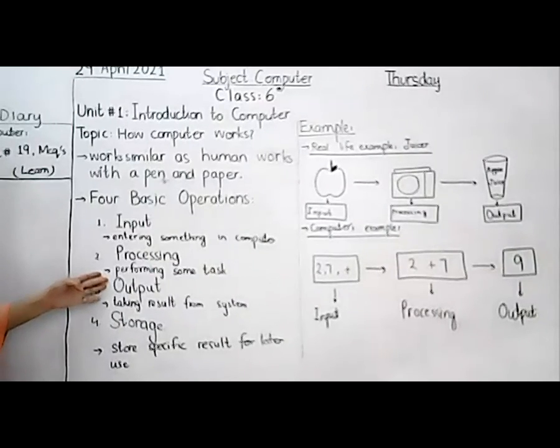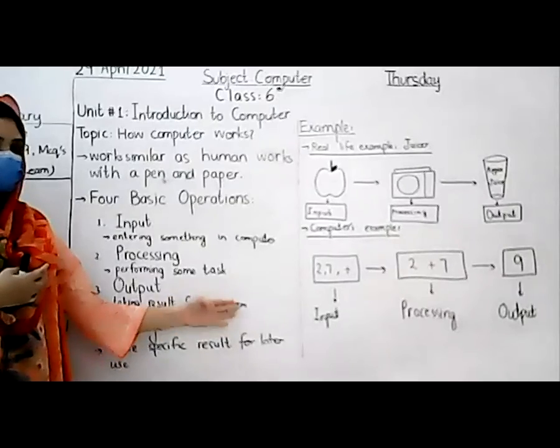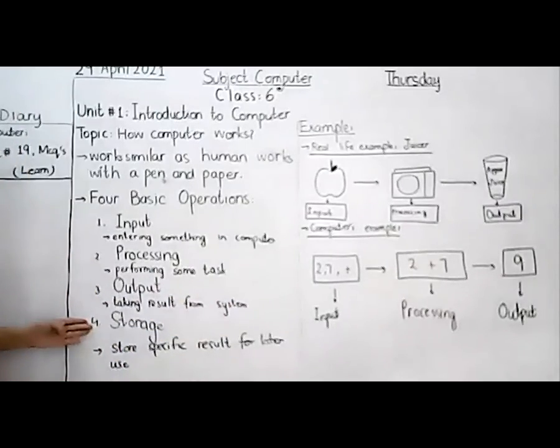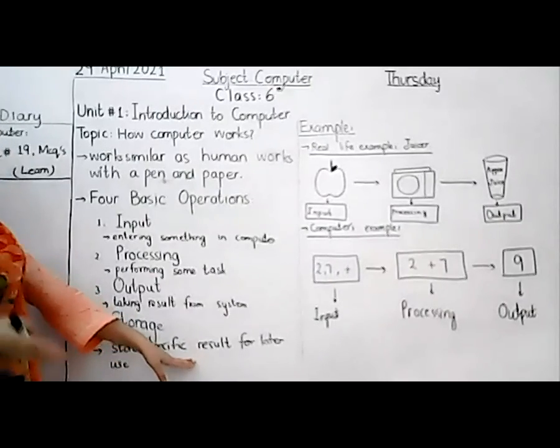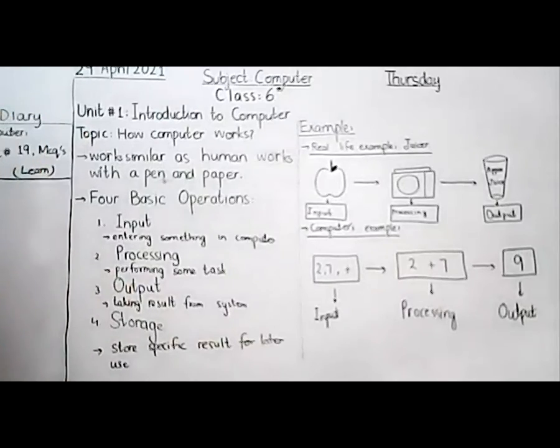Output is taking the result from the computer system. Storage: storage means saving the specific result and information we get from the processing for later use. Okay, here are the 4 basic operations on the computer.